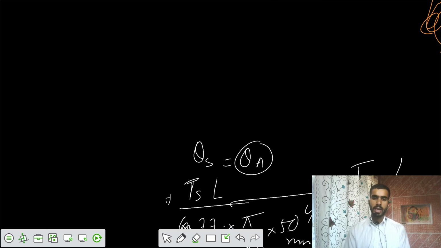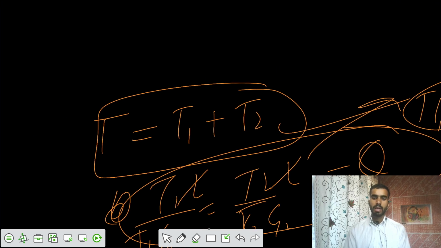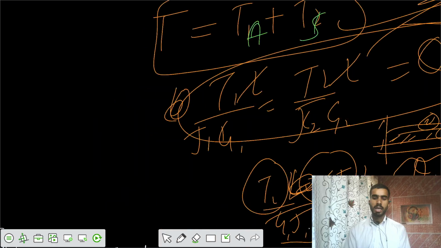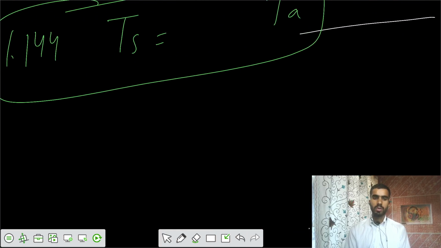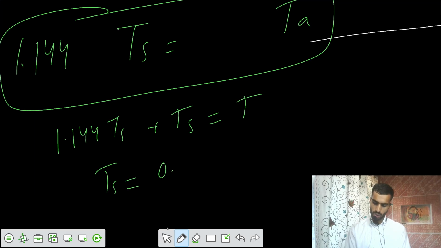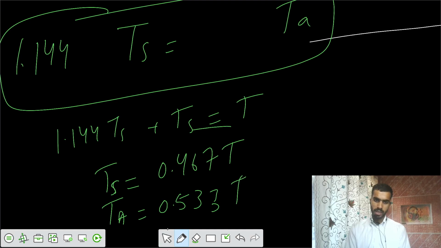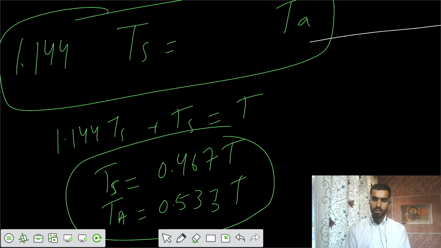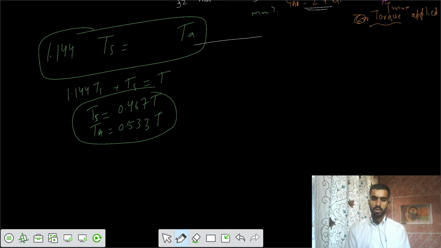And we have one more equation: TA plus TS equals T. You use that equation also. So I would write 1.144 TS plus TS equals T. So TS equals 0.467 T, and TA is 0.533 T.